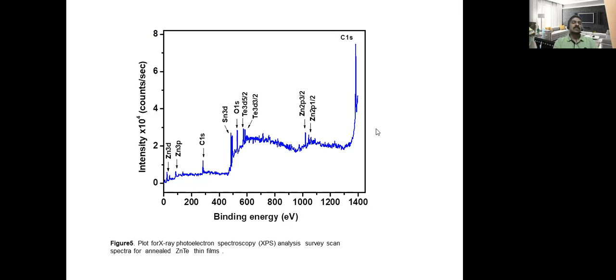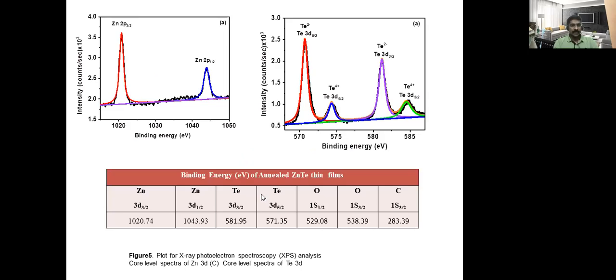Then this is the survey scan spectra, which is obtained by using X-ray photoelectron spectroscopy. According to the survey scan spectra, it exhibits the presence of carbon, oxygen, tellurium, and zinc peaks, and it shows the presence of this material in the thin film.